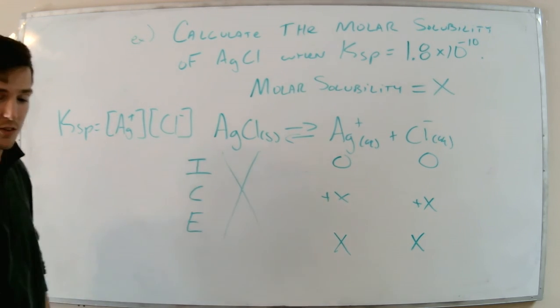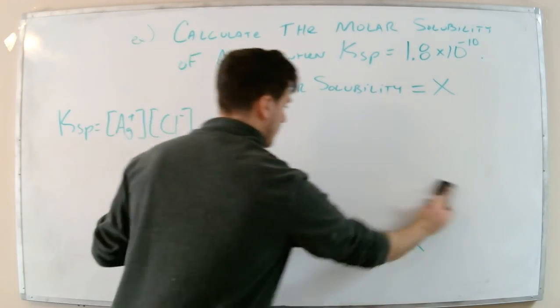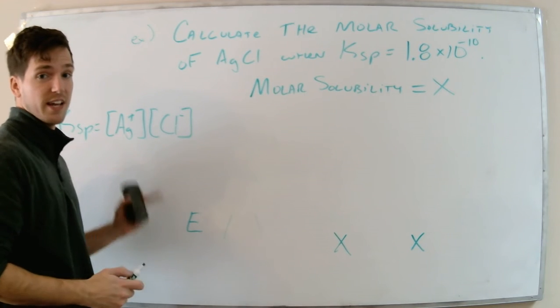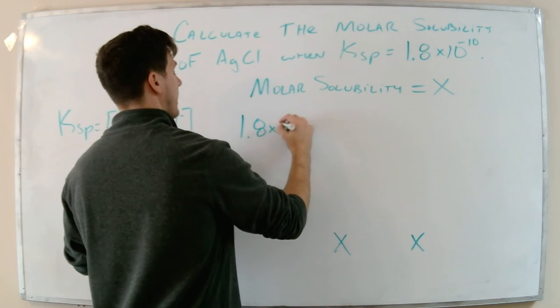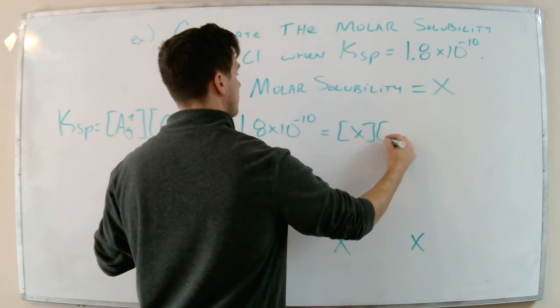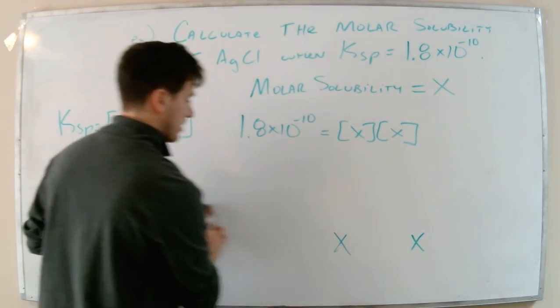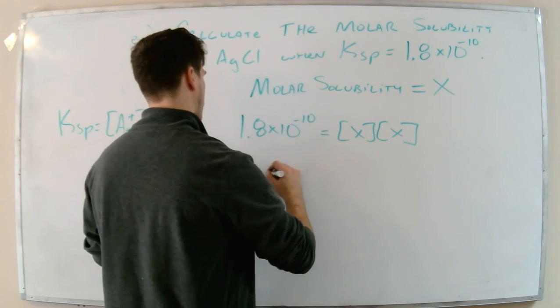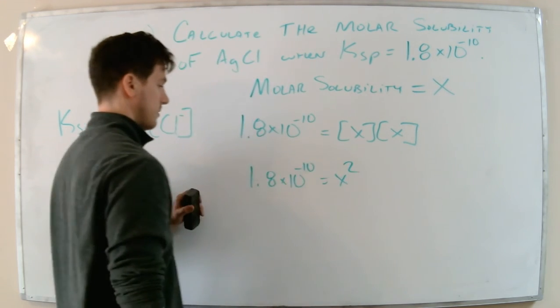Remember, at equilibrium we have x and x for Ag plus and Cl minus. So our Ksp, 1.8 times 10 to the negative 10, equals x times x. So that's 1.8 times 10 to the negative 10th equals x squared.